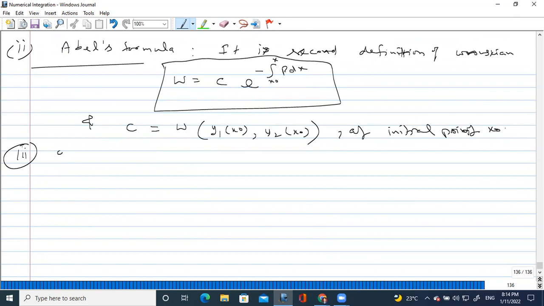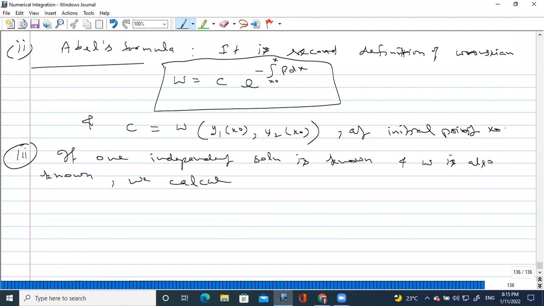So we can write here: if one independent solution is known and W is also known, W is also given, then we can calculate the other solution.